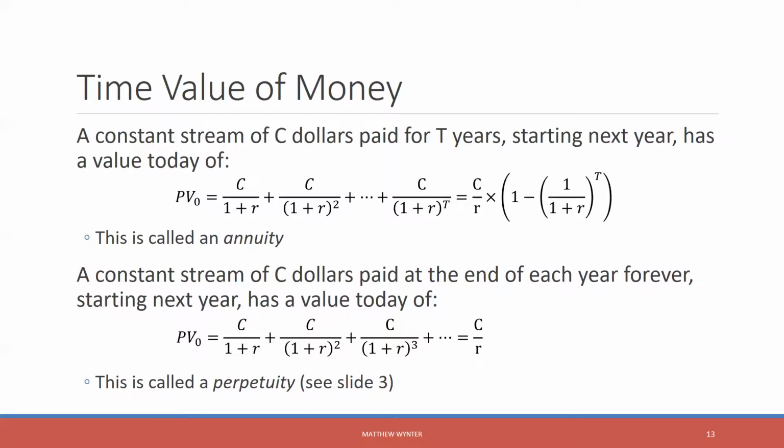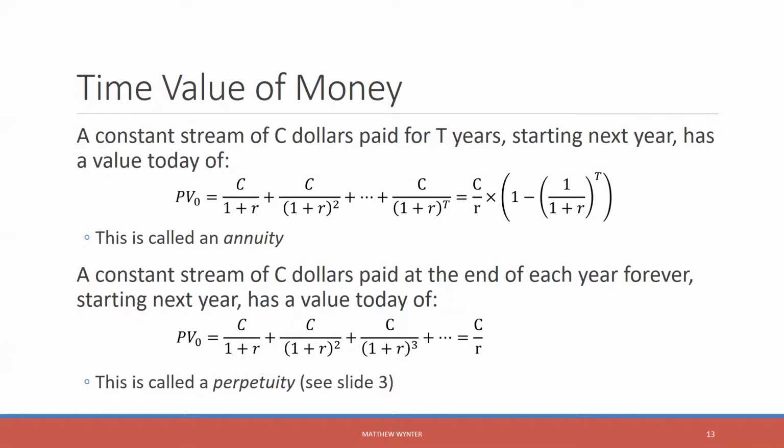One, if I've got cash flows that are all going to be the same level, so if every single year you're paying me $100, then this is a great formula for me to use. And two, we know that these are finite cash flows, meaning that I'm going to pay you $100 for the next 20 years or the next 10 years. I'm not going to pay you $100 every year forever. If I am going to pay you $100 every year forever, then I've got a perpetuity.